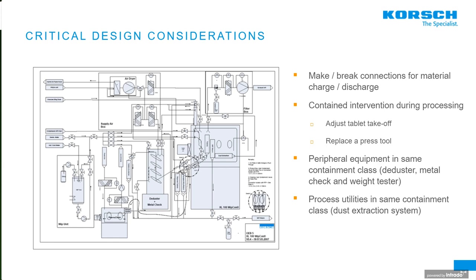The dust collection system or air handling system, which will give you contained collection of dust as well as automatic control of the negative pressure, again, is a critical design consideration. So as you can see from a not very complex drawing, there are many considerations and many engineering decisions that need to be made when you start to formulate a system.